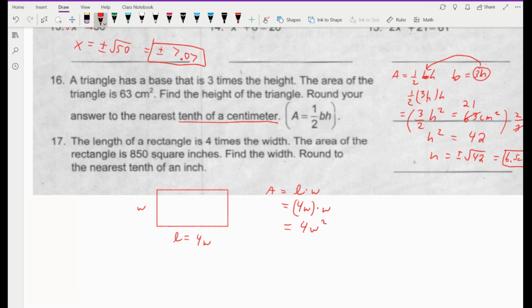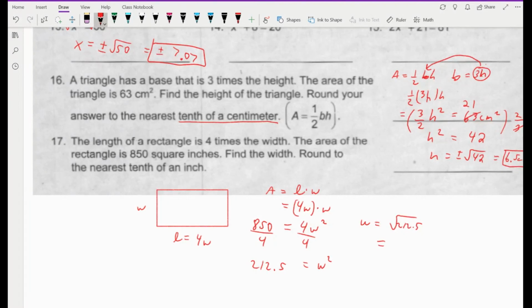And we know the area is equal to 850 square inches. Now we just have to solve for the W. We'll divide both sides by 4. So 850 divided by 4 is about 212.5. Now to solve, we're just going to take the square root. W is equal to the square root of 212.5.